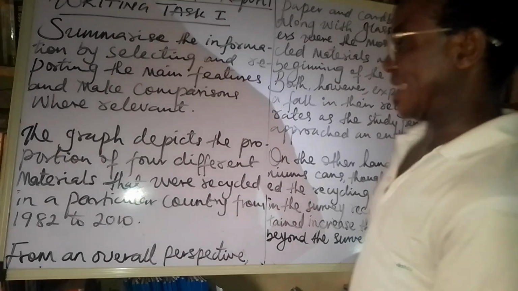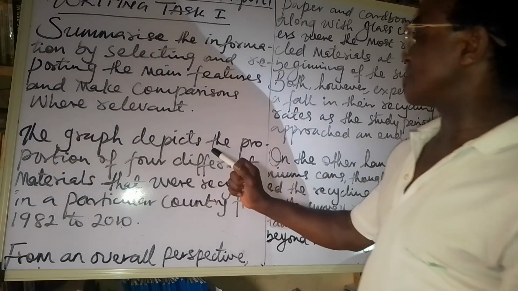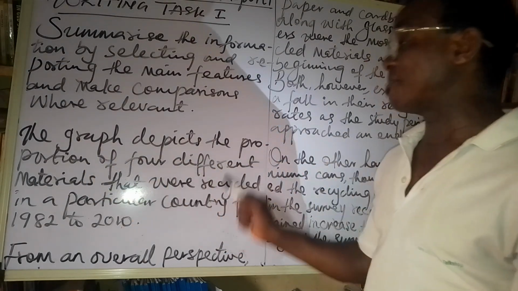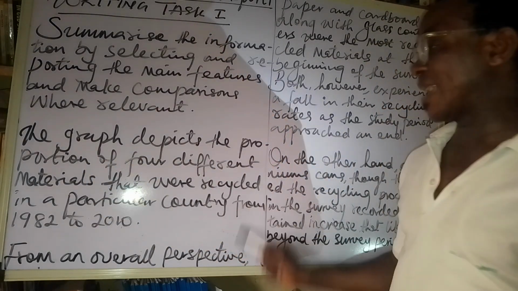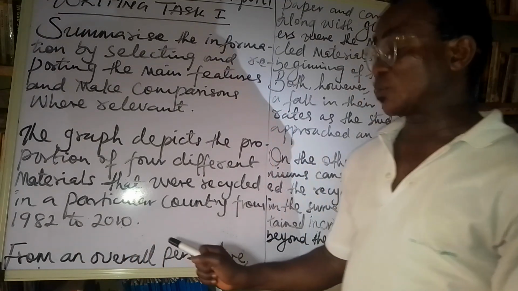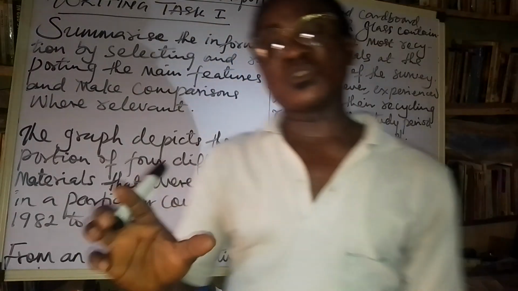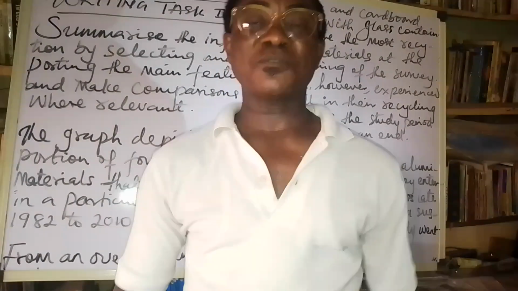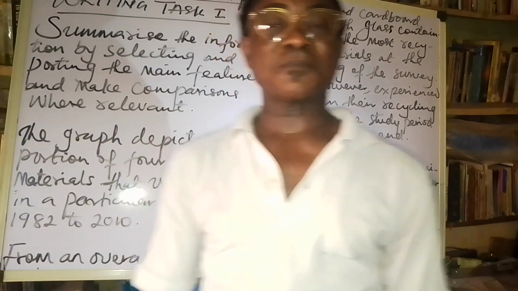Our paraphrase says, the graph depicts the proportion of 4 different materials that were recycled in a particular country from 1982 to 2010. That is usually the first paragraph of the report.